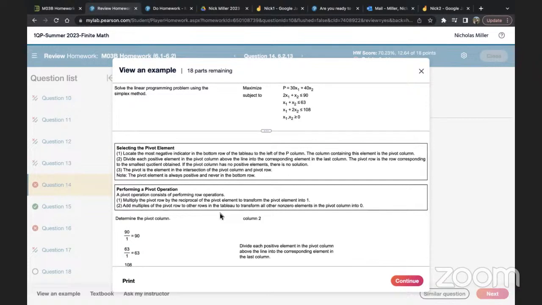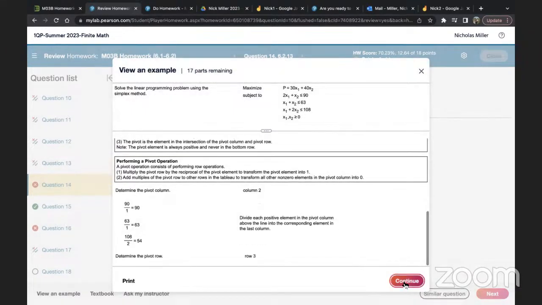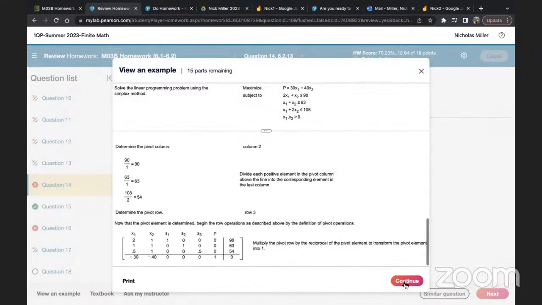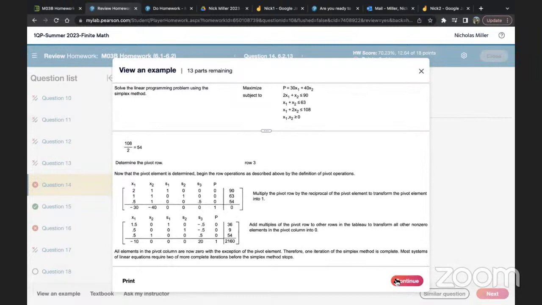But I wonder if there's a way to solve it. Keep scrolling down. Let's see what they give us at the bottom. See if they give us the reduced row echelon form. Keep going. They're doing this by hand. We just did it by calculator. Let's see if the calculator would do it for us.